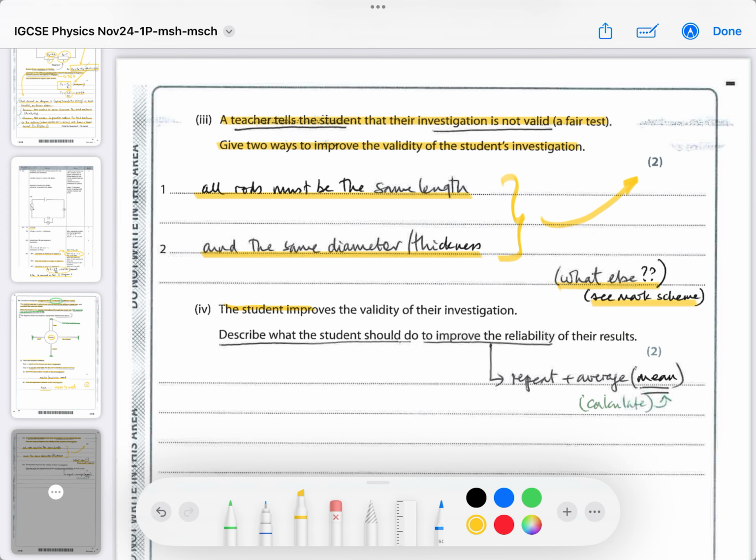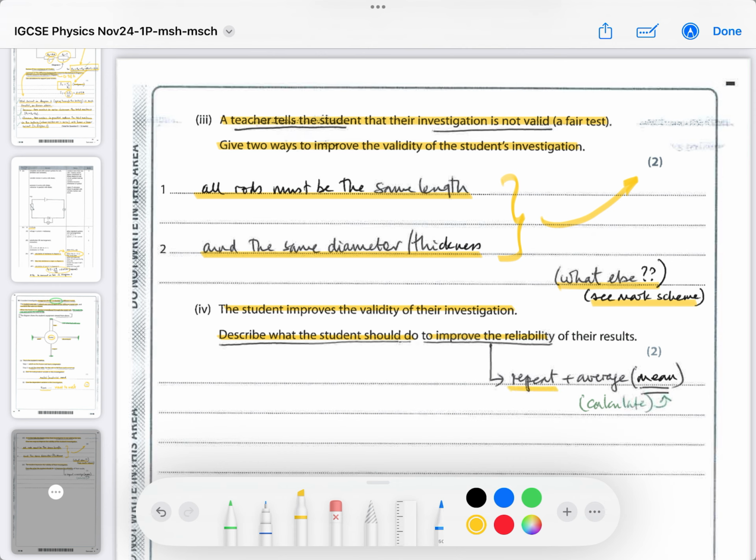The student improves the validity of their investigation, presumably by doing something as I've written, and then describe what the student should do now to improve the reliability of their results. Reliability is not the same as validity. Validity is making it fair. Reliability is trying to get a more precise result, mathematically or numerically.